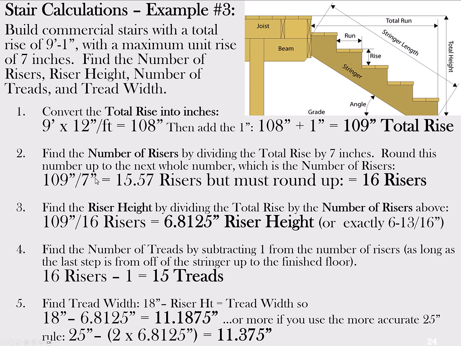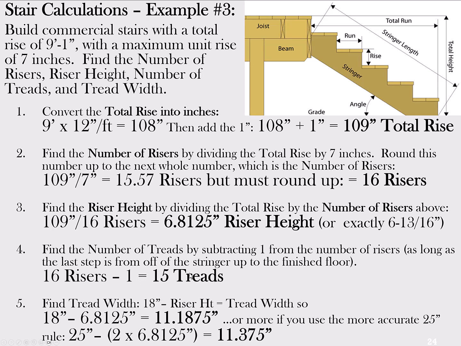109 divided by 7 gave me 15.57 risers. We round that up to 16, so it's one less riser than in the previous problem. Now we can take 109 divided by 16 risers, and we end up with 6.8125 inches per riser height.